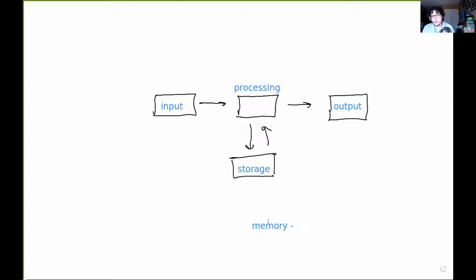Well, I like to think of memory as a device that can retain information over time. A device that can retain information over time.